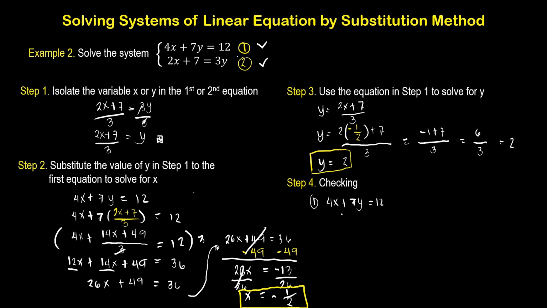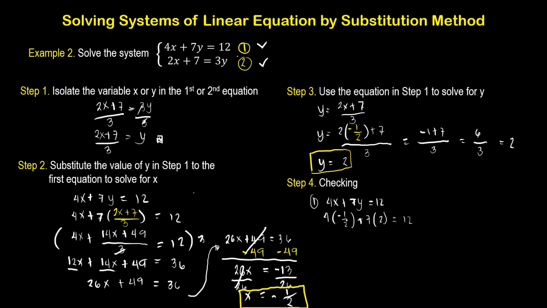So, all we need to do is plug in the values of x and y here. So, we have 4 times the value of x, which is negative 1/2, plus 7 times the value of y, which is 2. And we're going to check if this is equal to 12.